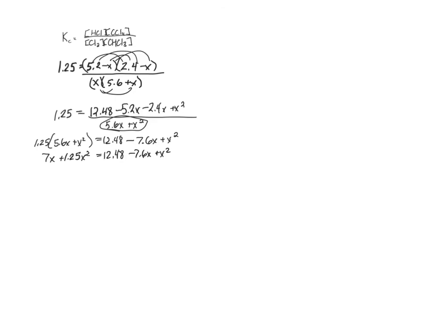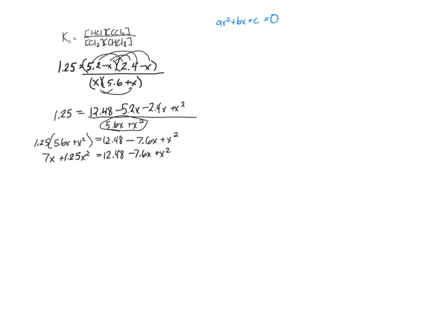Now, the next thing I want to do is start to rearrange what I have right now, because I want to rearrange it into a quadratic expression, ax squared plus bx plus c is equal to 0. The reason I want to do that is because once I have this, I can use the quadratic formula to help me solve for x, which is exactly what we are trying to do. Okay?